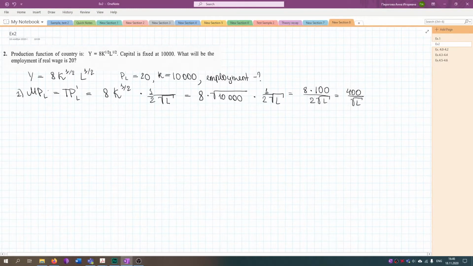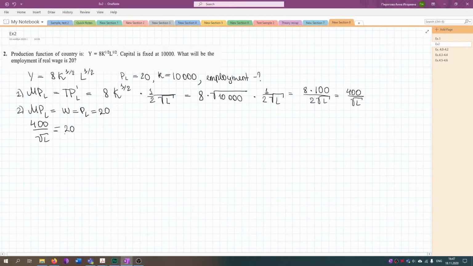And we know that the marginal product of labor will be equal to the wage or pay for labor, and will be equal to 20. So we can write that 400 divided by square root of L is equal to 20.